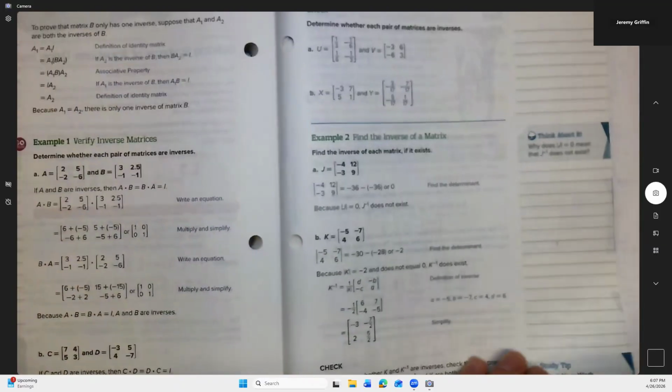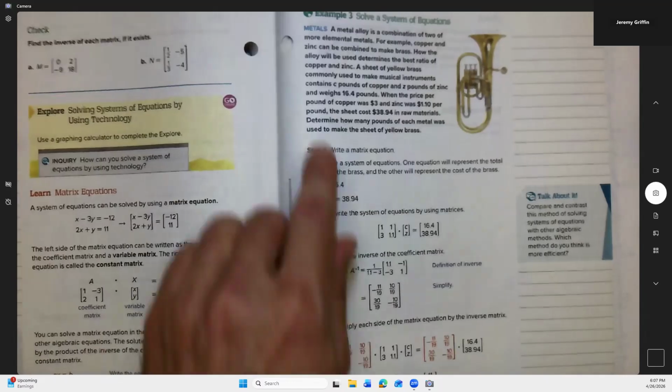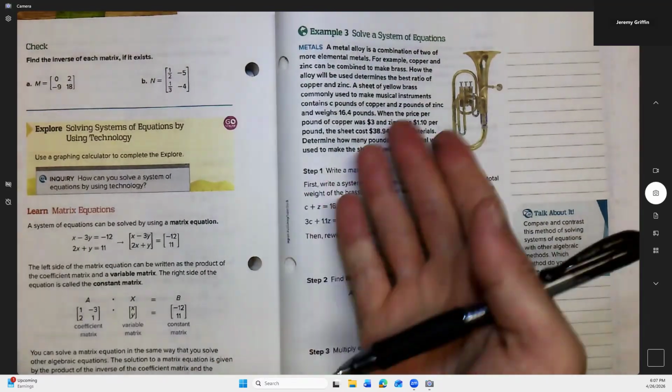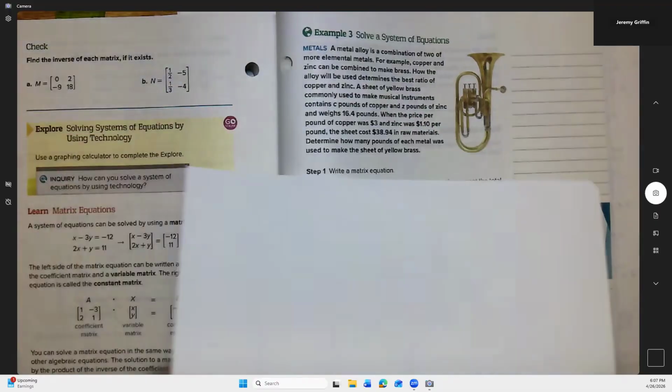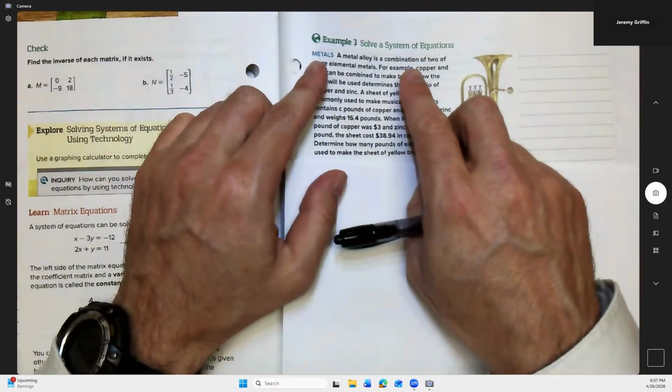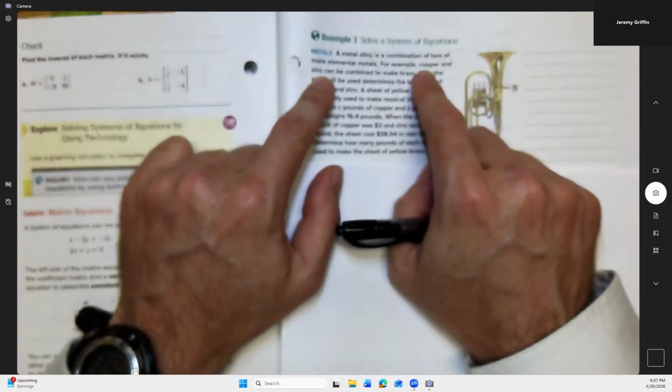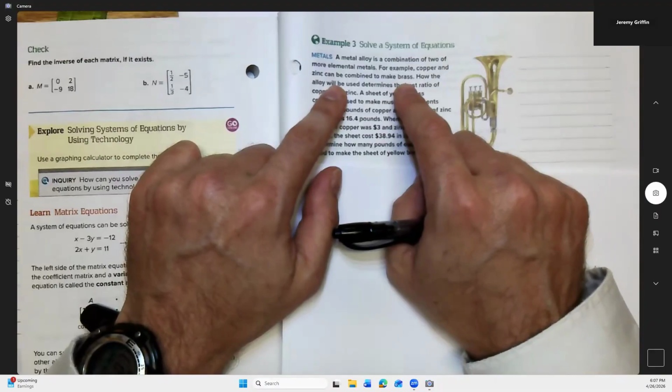But there's one more thing I think is interesting that you can do with this, and that's to solve systems of equations. And hey, we've got a nice story example here. A metal alloy is a combination of 2 or more elemental metals. For example, copper and zinc can be combined to make brass.